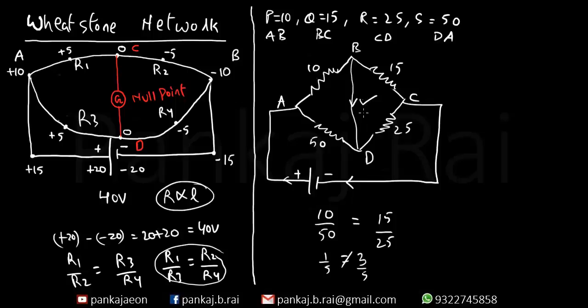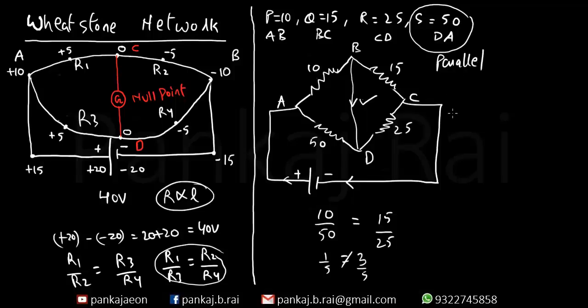So what is the question which has been asked? The question is, we have to find what resistance we have to connect in parallel to this resistor, which is S, to balance the network.